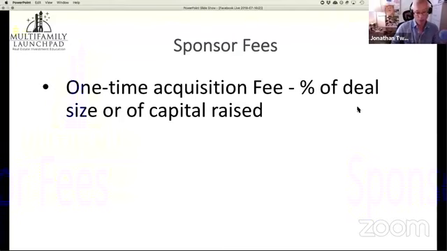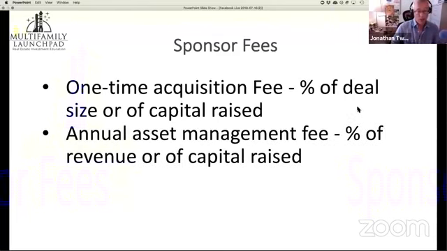It can be done either way. But this is just a one-time fee that you get paid for doing all the work up front. Oftentimes the sponsors put up the deposit on the deal and then they get paid back at closing, but they've taken the risk of not closing because they've fronted those costs. This compensates you for that. The next thing is an annual asset management fee.